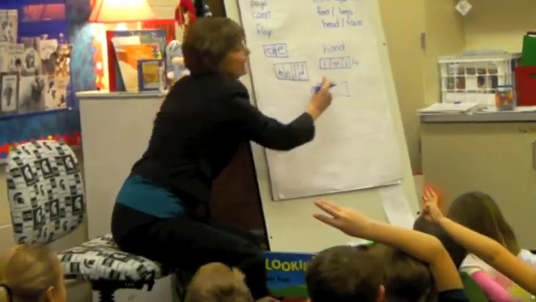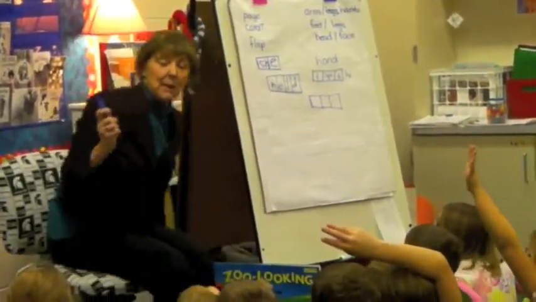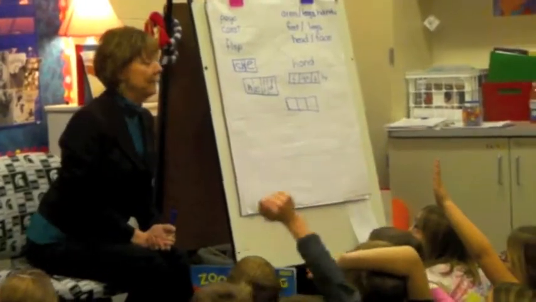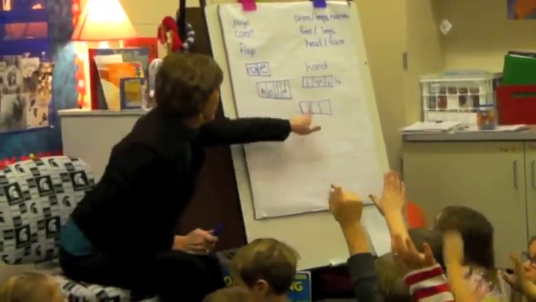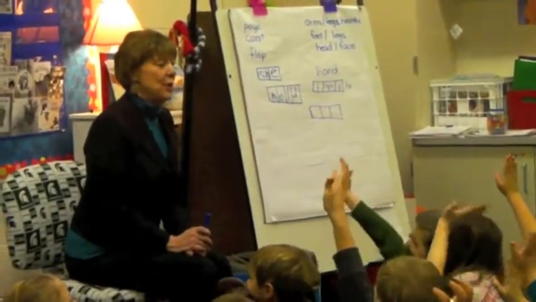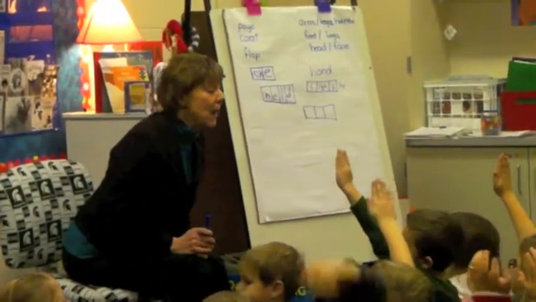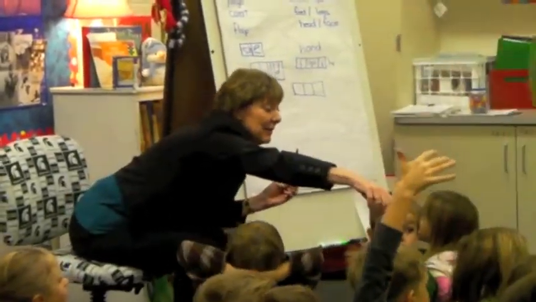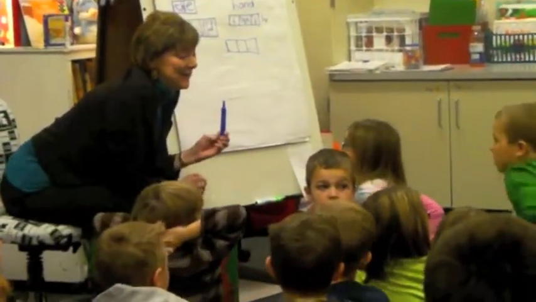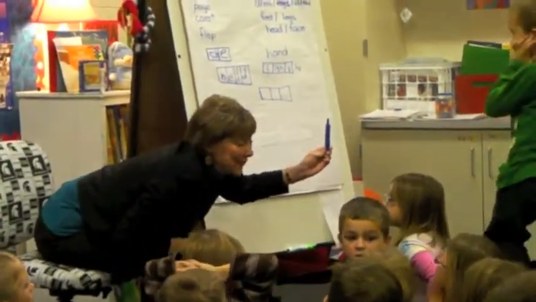Okay. Who could come up, someone that has not had a turn yet, and write the first sound, the letter that makes the sound in pace? Can you do that back here? Dark green. And you'll be next. I'll let you go next.